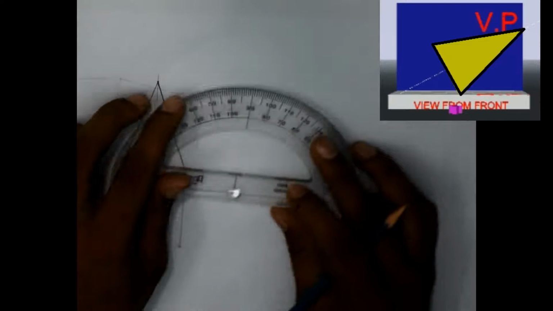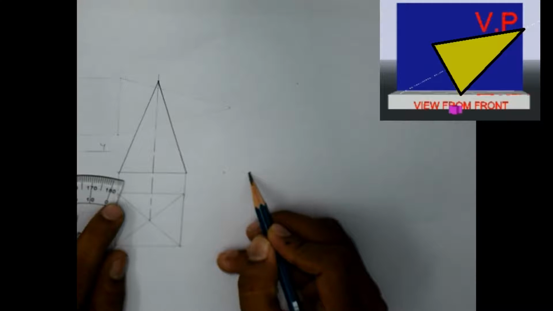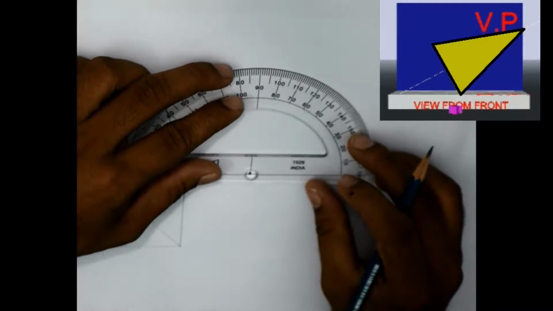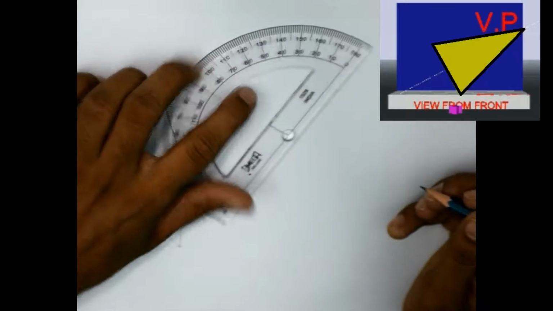So when it's resting on the horizontal plane, as seen in question number 17, this is very similar. Now I will draw the actual answer, in which we have seen that it is tilted to an angle of 60 degree with the HP. So I'll just tilt it, taking a point here, and the axis at 60 degrees inclined.